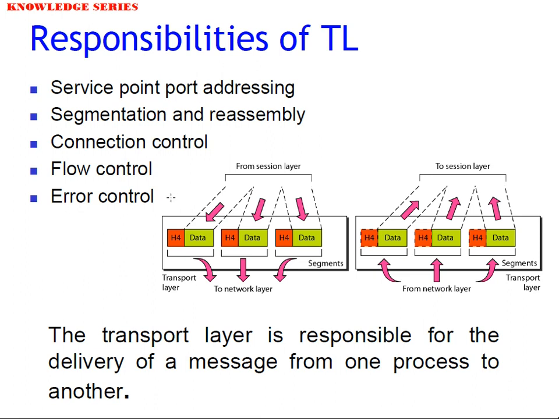Communication connection control in the transport layer. The transport layer can be either connection oriented or connectionless. Connection oriented means before sending packets, you try to create a connection. For example, a telephone connection, like the olden telephone connections, is connection oriented.